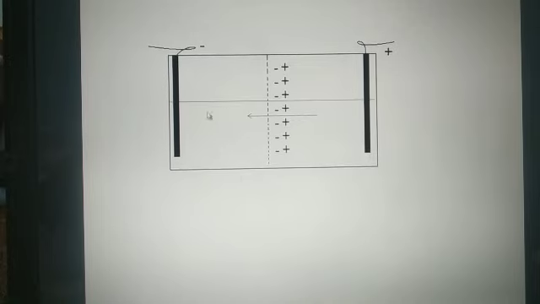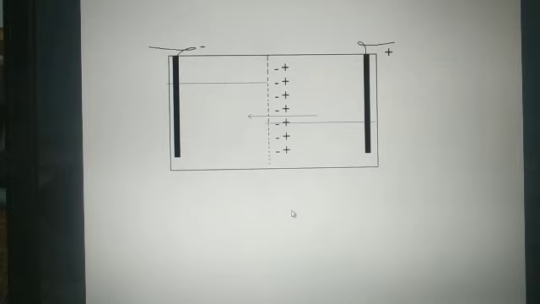At the start, the level of the liquid is similar on both sides. Then, because of the application of the electrical field, the level on one side falls, and the level on the other side rises.